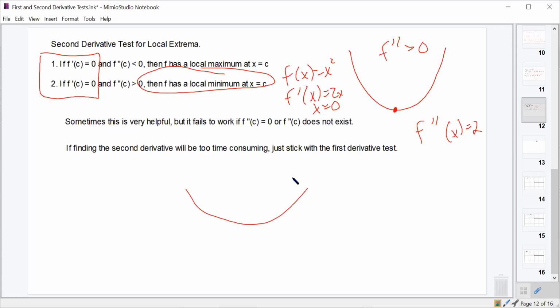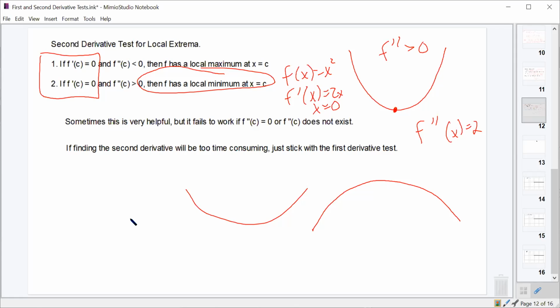If I have a concave up function, there is no way for us to have a local maximum on a function that's concave up. And there's no way here for us to have a local minimum on a function that's concave down, as long as the derivative is defined at that point.